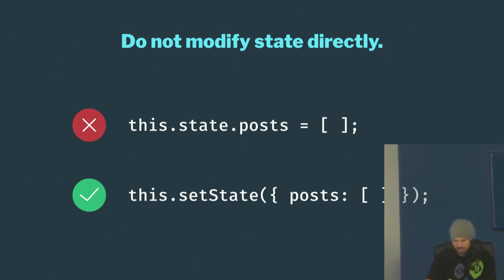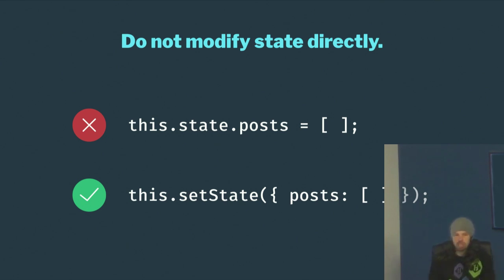Okay, so we passed this object, and this object could have a number of different keys in it if you feel like it. In this case, I'm only modifying one piece of state. But if I wanted to modify two or 3 pieces of state, for example, maybe a username, I could put right in here posts colon array comma username colon, and just like any object, I can pass multiple key value pairs.